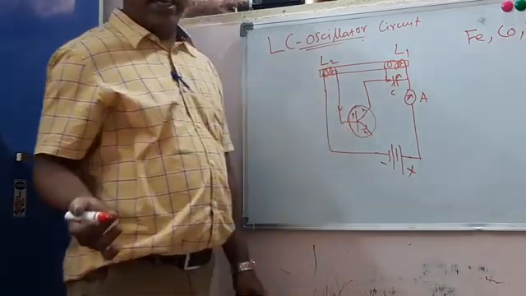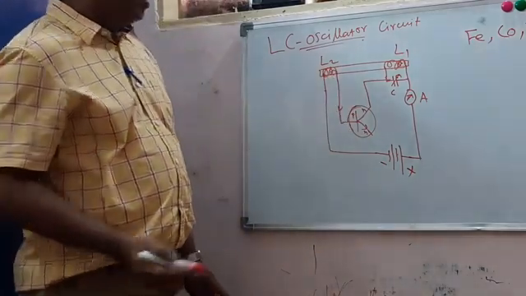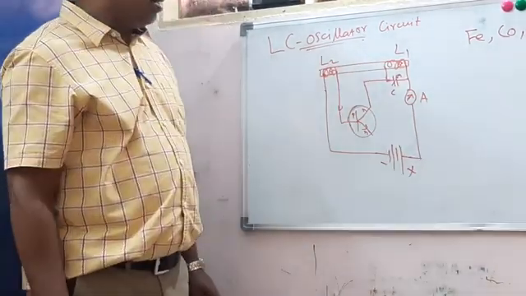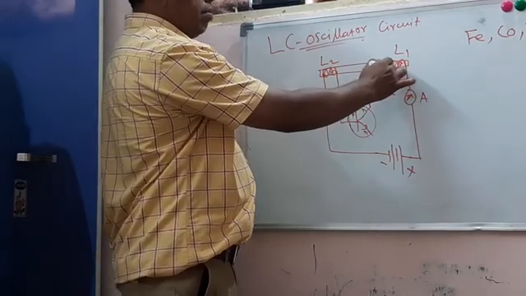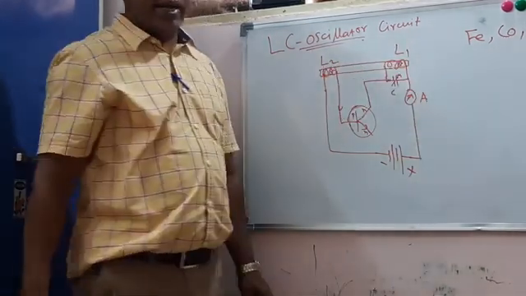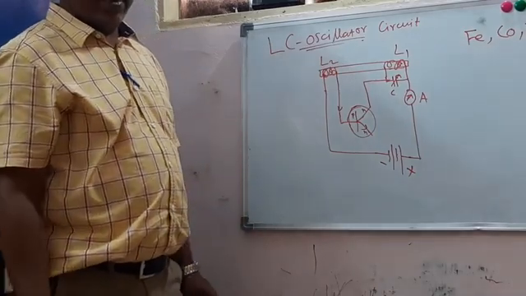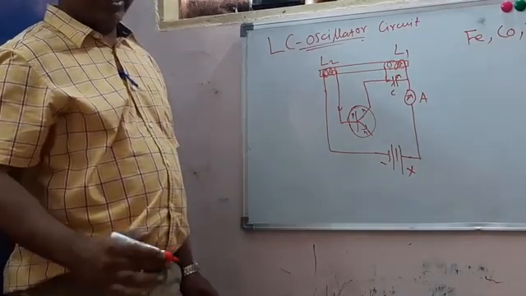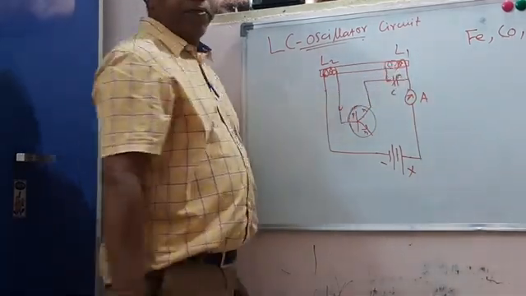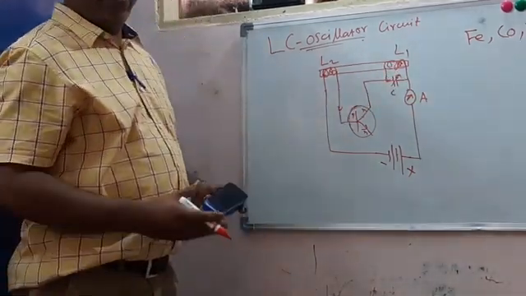A changing electrical signal will be generated, and because of these changing electrical signals, the rod is magnetized. These two ends are magnetized at different rates. That rate resembles the rate of the changing electrical signal.